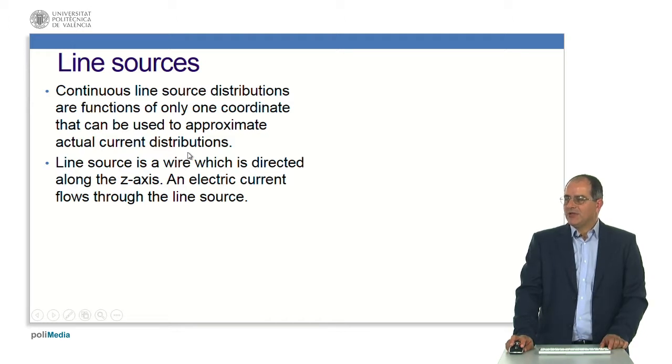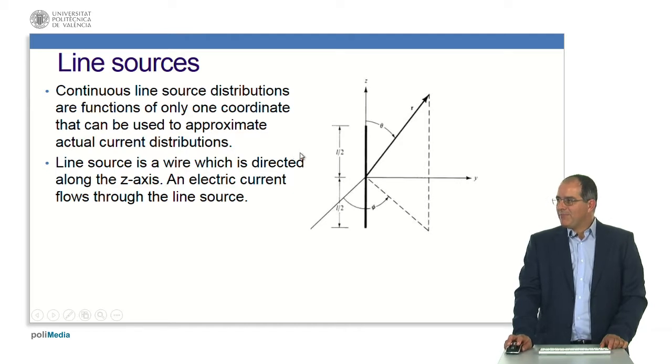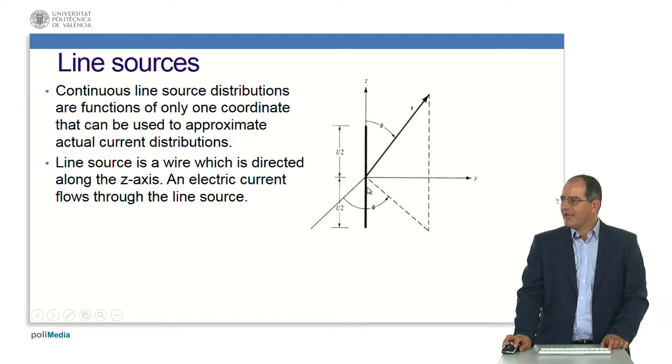electric and magnetic field. So what we really have is an electric current flowing through the line source. It can be simplified in the way I'm showing you at this very moment.